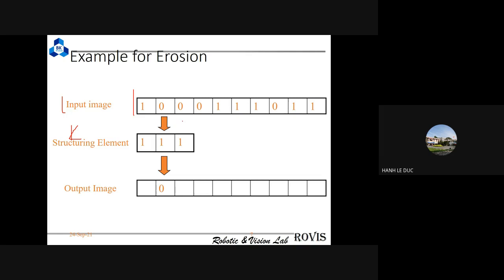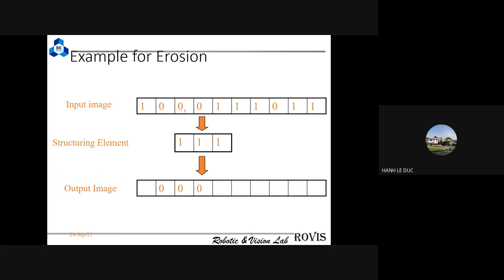Because, as I said, if at least one position is different, it will become 0. So this position gives the result 0. How about the next one? All 3 are different, right? So 0. And the next one, the result is still 0.